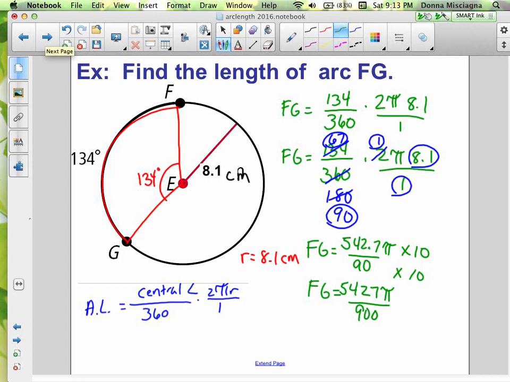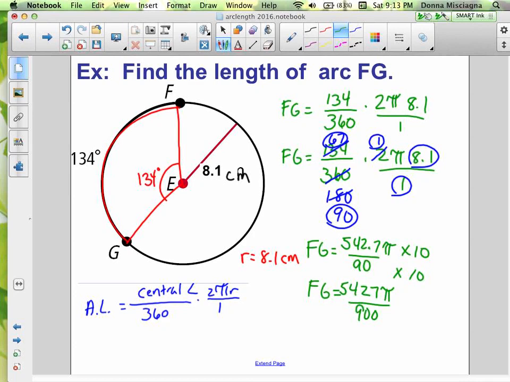And actually this is one where we could reduce because we've got 5 plus 4, which is 9, plus 2 is 11, plus 7 is 18. 18 is divisible by 3, so is 5,427. 900 is divisible by 3. So sometimes you can't see that you still have a factor when you've got a decimal.